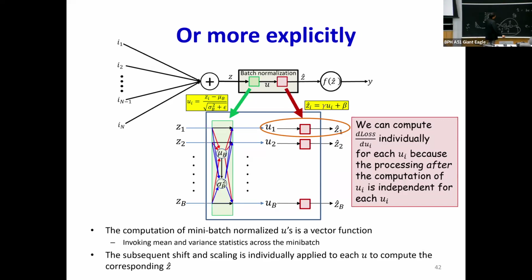So this is going to be the derivative of the loss with respect to z hat times u. And the derivative of the loss with respect to beta is simply going to be the derivative of the loss with respect to z hat. So we know how to compute the derivatives with respect to these parameters going back. Easy. Yes or no? Okay.